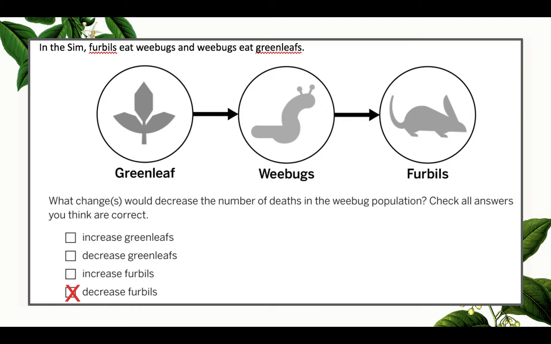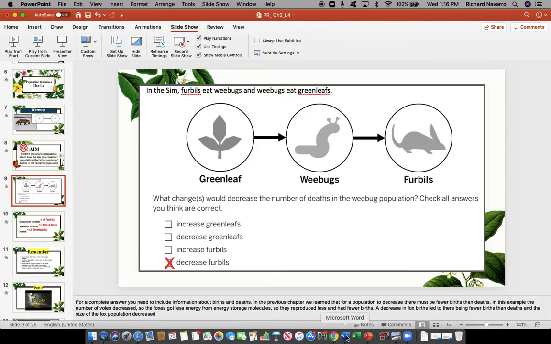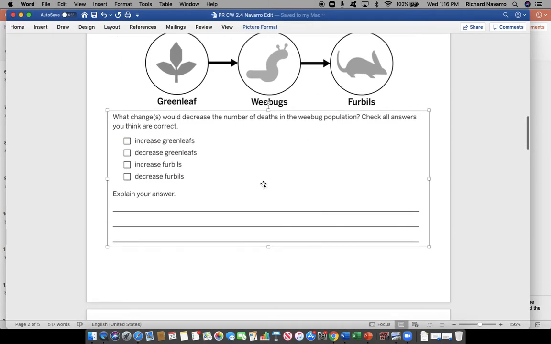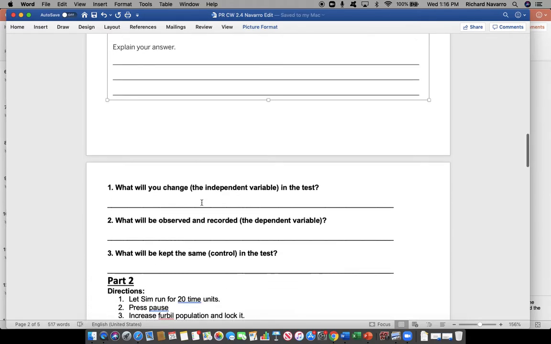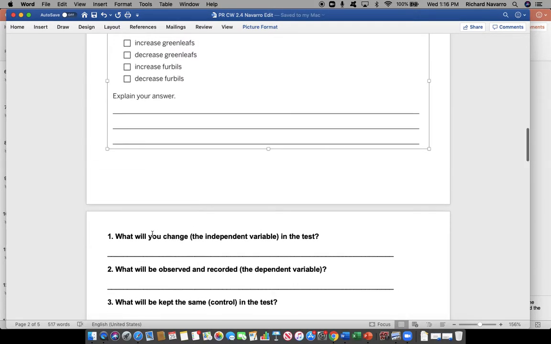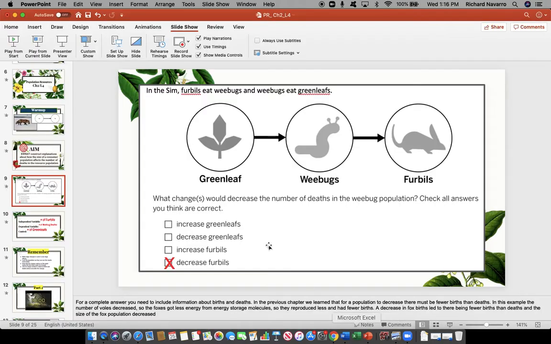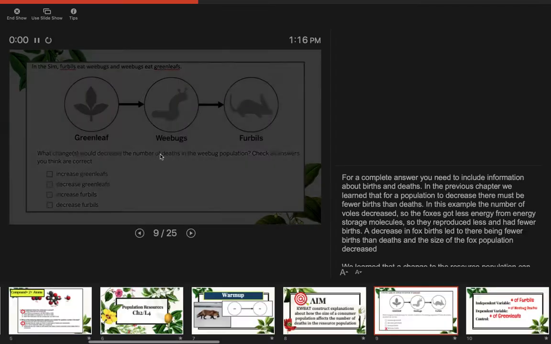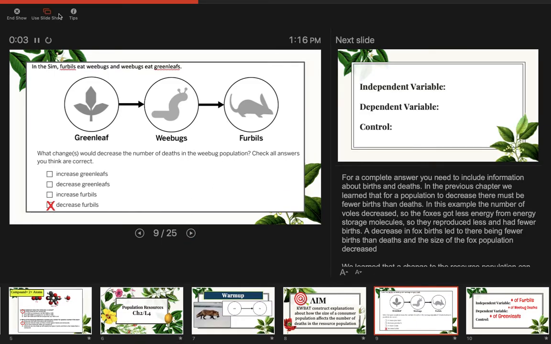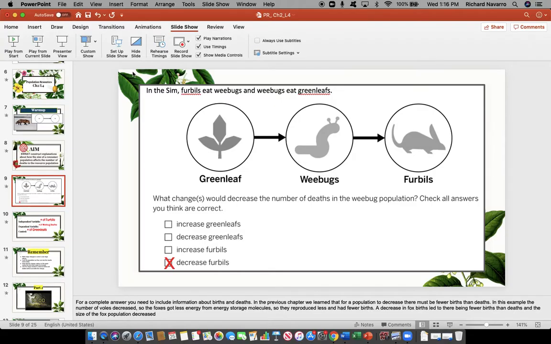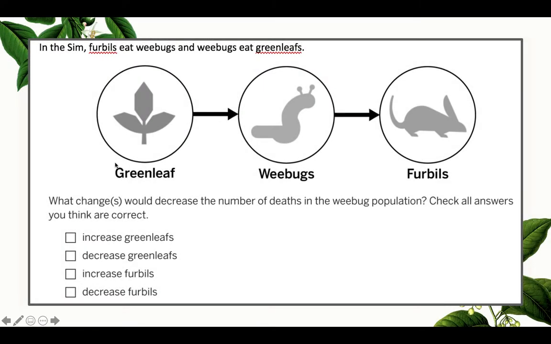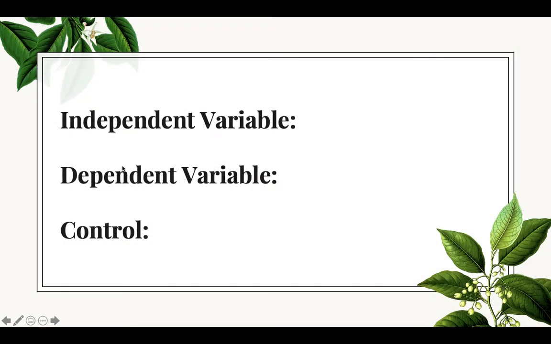So, for today's activity, for part 1, we are going to conduct a quick experiment. We're going to change the independent variable in our simulation, and in this case, that independent variable that we will change will be the number of furbles.